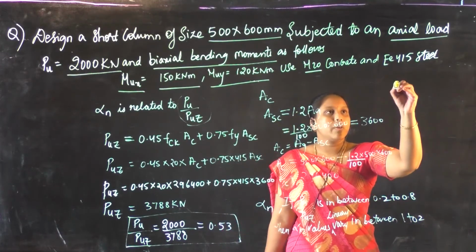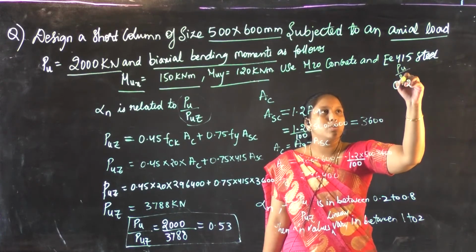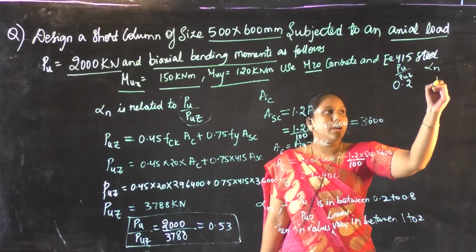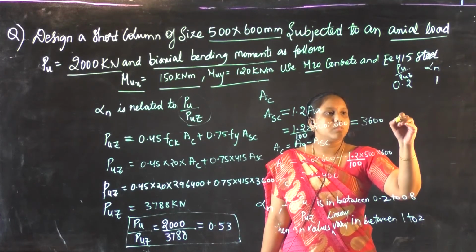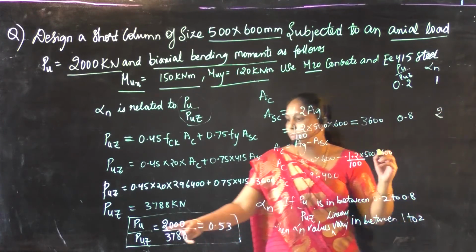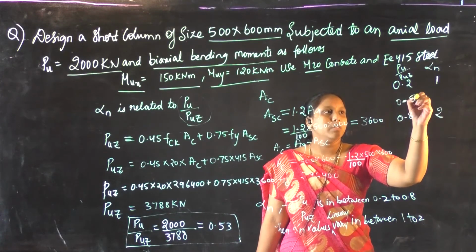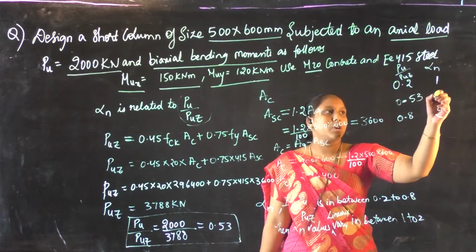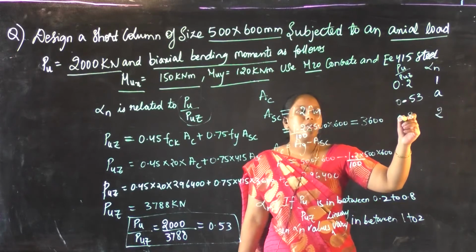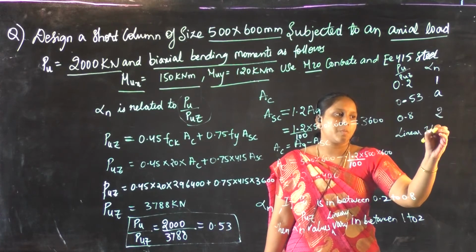So now what we have to calculate? This is the PU by PUZ value. For 0.2, the alpha n value will be 1, and for 0.8, the alpha n value will be 2. But here the value of PU by PUZ we got is 0.53. So for this we have to calculate the alpha n value, and let this be A. How we will do this? By linear interpolation.